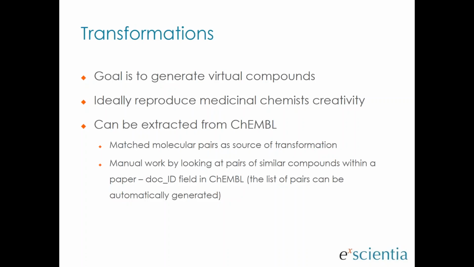We'll come back to it on the next slide. Or if somebody has more time, they can do manual work and look at pairs of similar compounds within a paper. ChEMBL can be extracted by article and then you draw manually how to go from one compound to another. But matched molecular pairs will make it automatic.